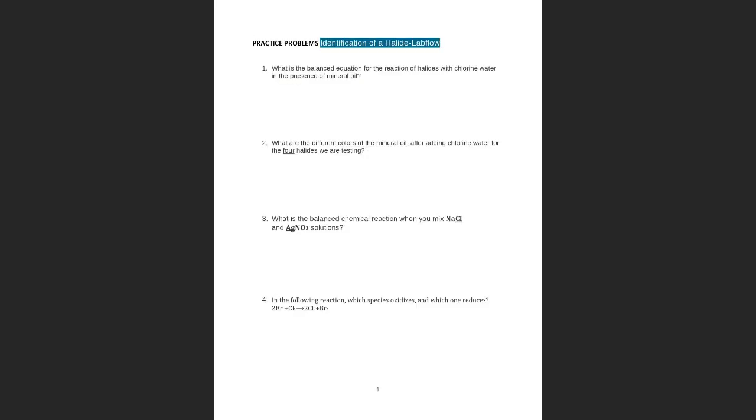Let's look at the first question. Who can read the first question, please? What is the balanced equation for the reaction of halides with chlorine water in the presence of mineral oil?